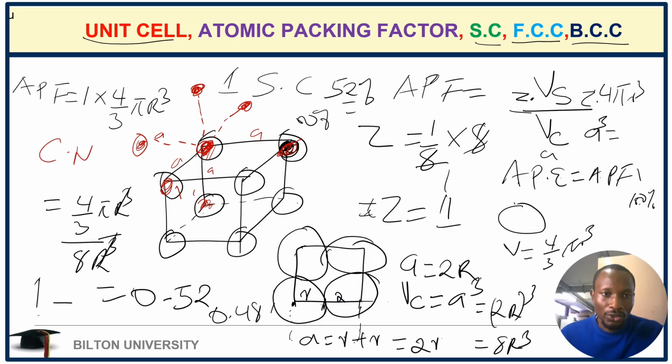So we have 1, 2, 3, 4, 5, and 6. So it tells us that the coordination number of atoms in the simple cube is 6. So we're going to say coordination number is 6 in the simple cube. So that's all we need to know about the simple cube.